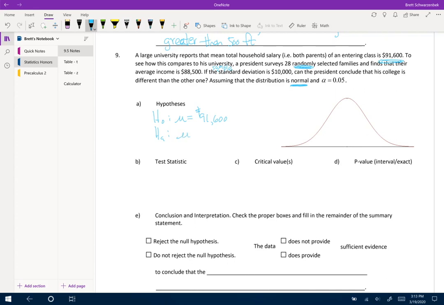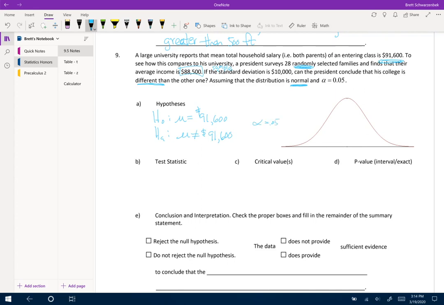So even though the x bar is provided right here as 88,500, there's nowhere in this problem where it says anything about less than or greater than. As a matter of fact, the key word is actually right here. It says different than. No specifics are made, which means that we must use a two-tailed test to cover ourselves in this scenario, and of course, alpha 0.05.